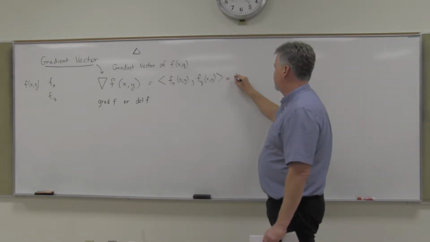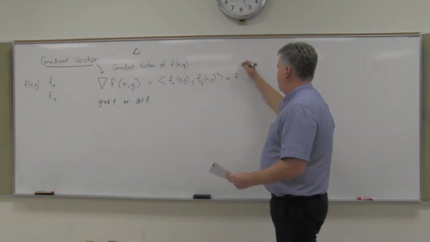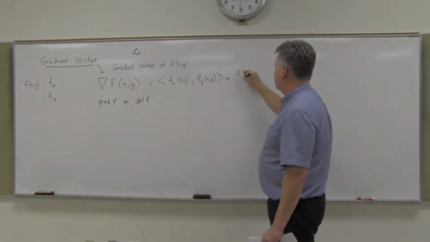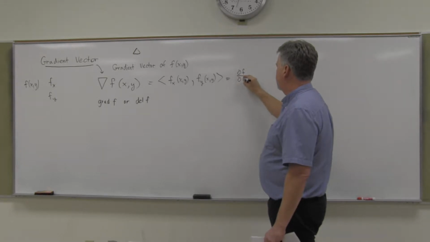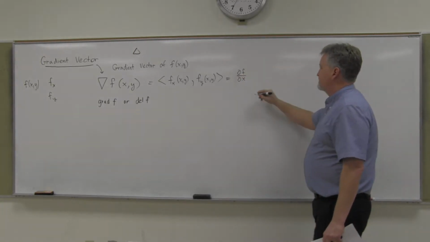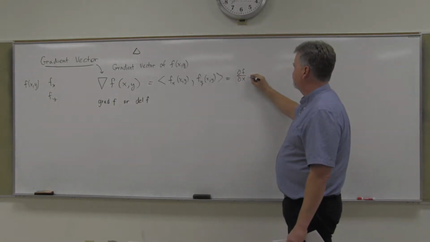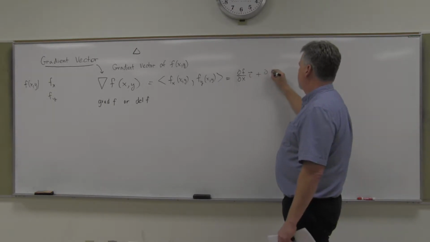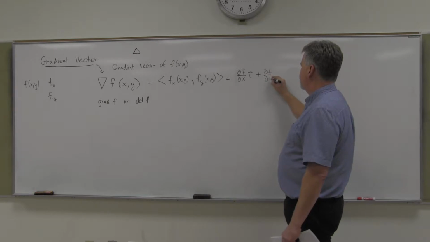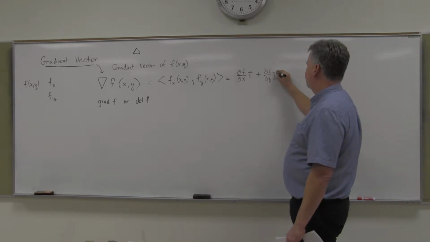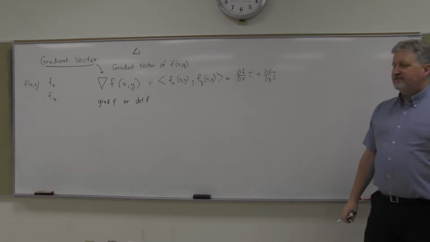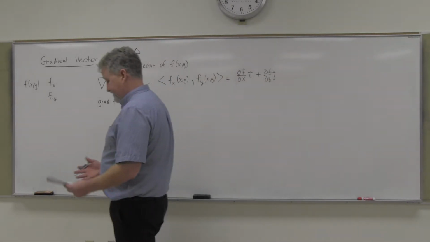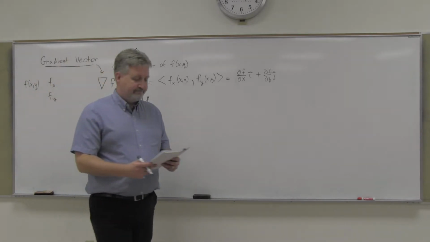And of course we can write that using our other notation, the Leibniz notation, and then the ij vector notation, just another way we can write it. Remind you of that. But that's how you get it.